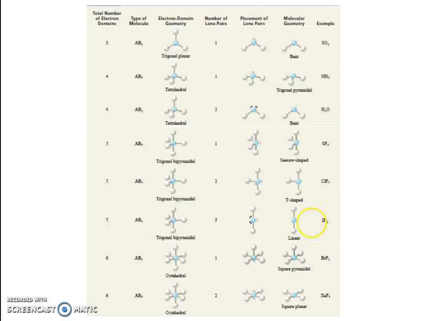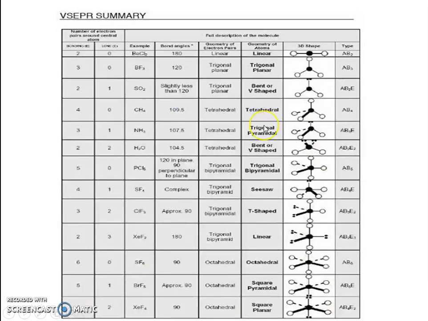These kinds of molecules are, for instance, H2O, water. The central oxygen has 2 lone pairs of electrons, and it has two molecular domains that are 2 hydrogens.